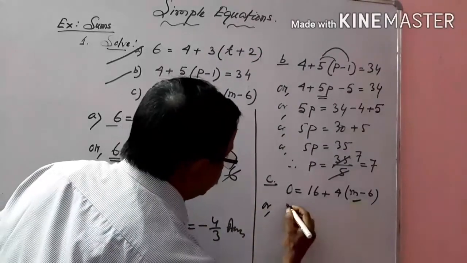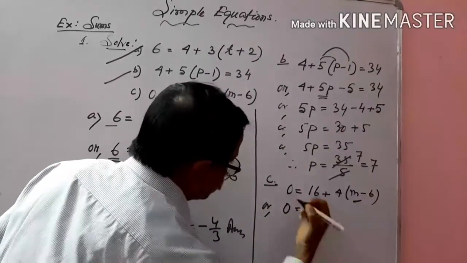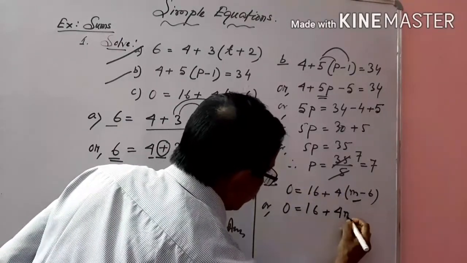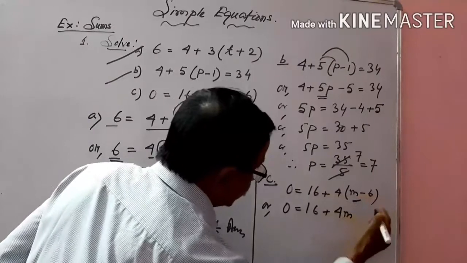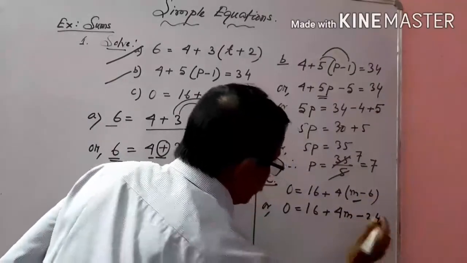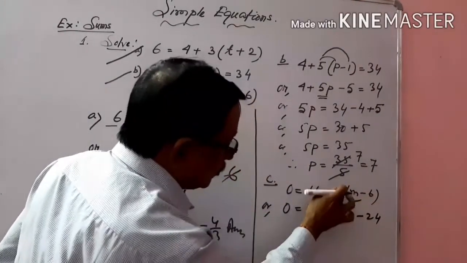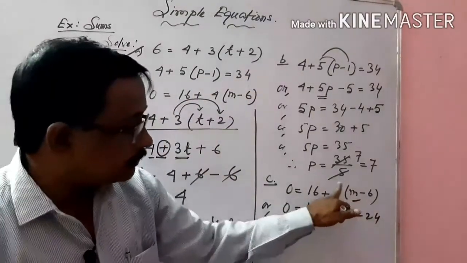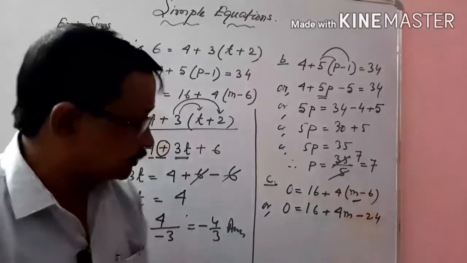So 0 remains the same, 16 is the same, plus 4 into m is 4m, plus 4 into minus 6 is minus 24. For the bracket, you have to multiply every term inside the bracket like this.